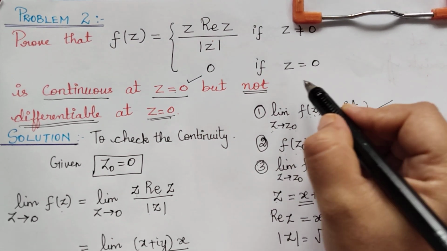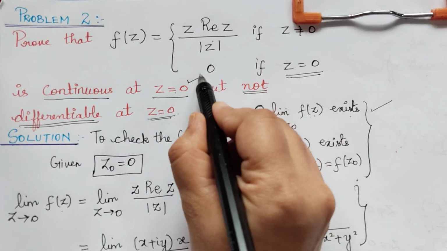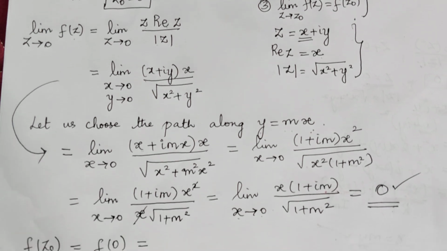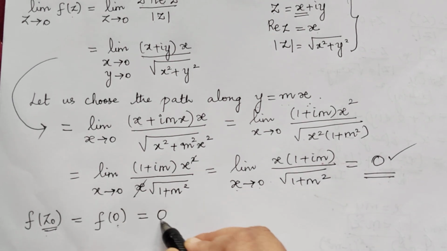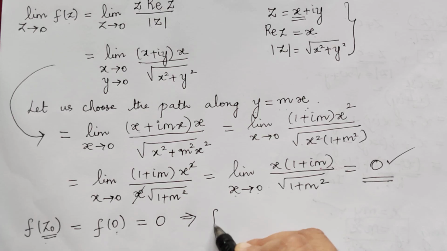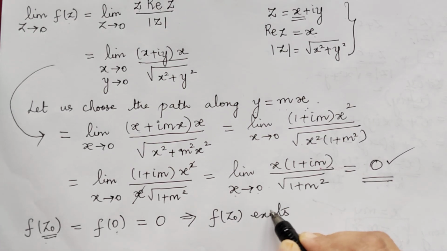We have to check. So when z takes the value 0, f of 0 is given to be 0 only. So from this we can write this to be equal to 0. Since we are getting 0, it exists. So this implies f of z naught exists. Therefore, the first two conditions are done.